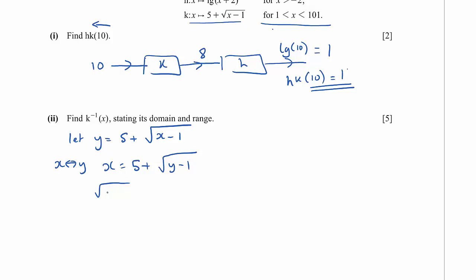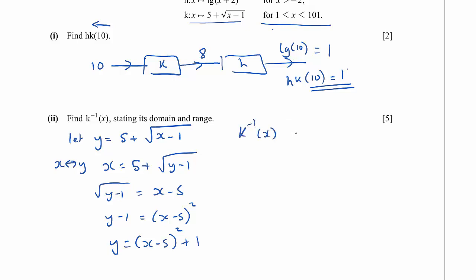So root y minus 1 is equal to x take away 5. We're trying to make y the subject now. Square both sides. Y take 1 is x minus 5 squared. So y is going to be x minus 5 squared plus 1. So we can say that k inverse of x is x minus 5 squared plus 1.